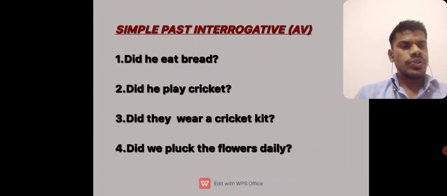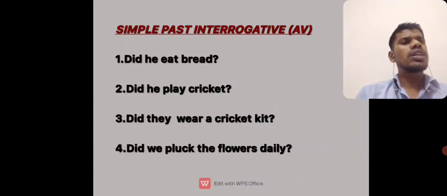First we have to use did plus subject plus V1 plus object plus question mark. Whenever you are finding interrogative, make sure that you use that punctuation mark, the question mark. Did he eat bread? Did he play cricket? Did they wear a cricket kit? Did we pluck the flowers daily? So these are the sentences given.